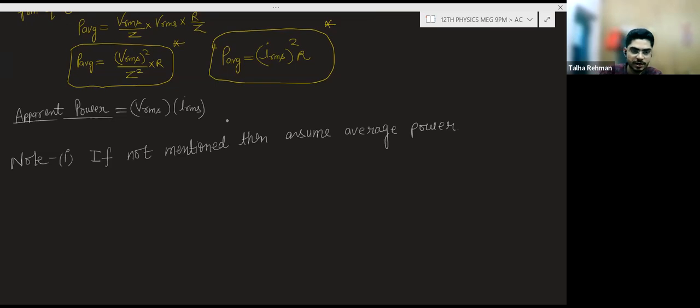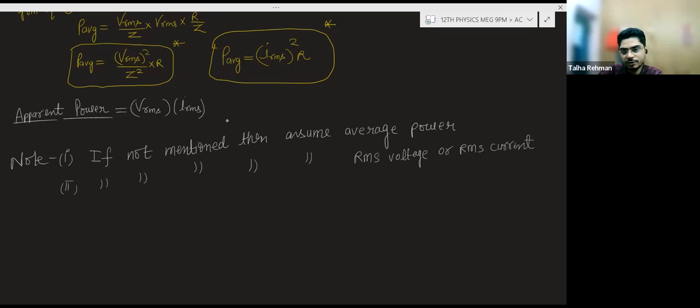Okay. So now, point number two: if not mentioned, then assume RMS voltage or RMS current.